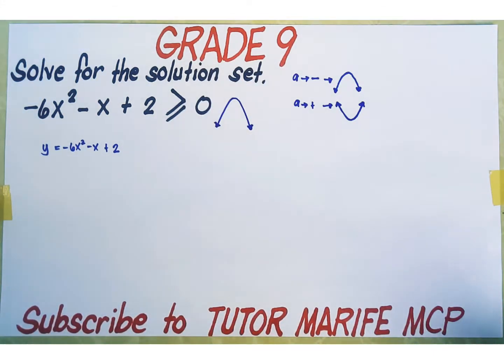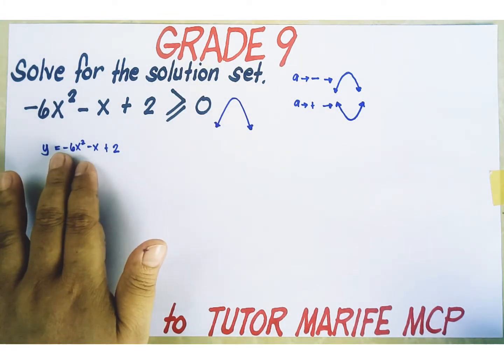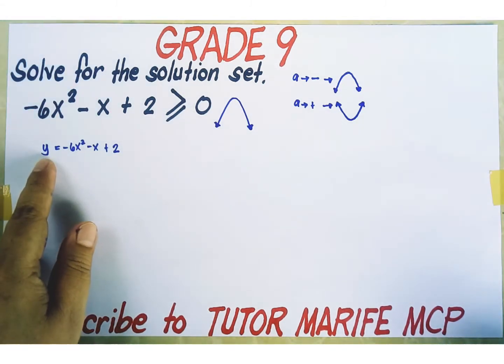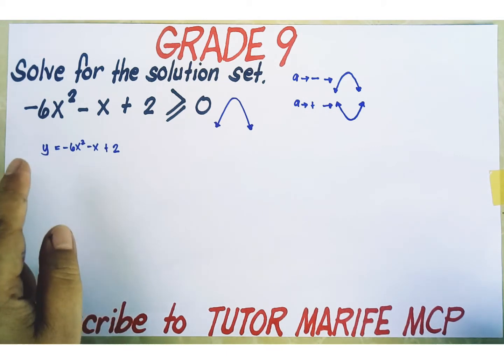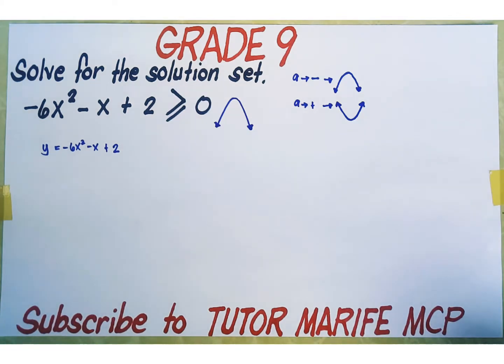Next, we're going to look for the x-intercepts of the parabola. And to solve for the x-intercepts, we let y equal to 0. X-intercepts are the points on the x-axis, and the parabola will pass through those points.